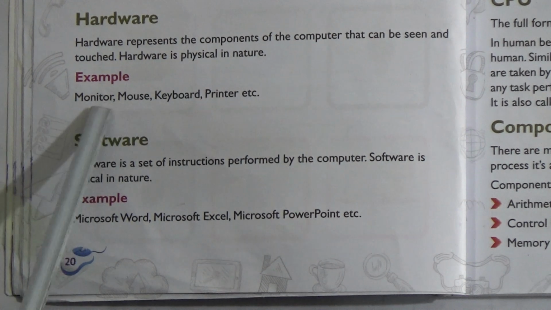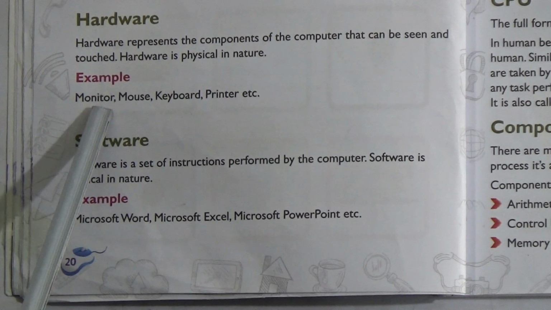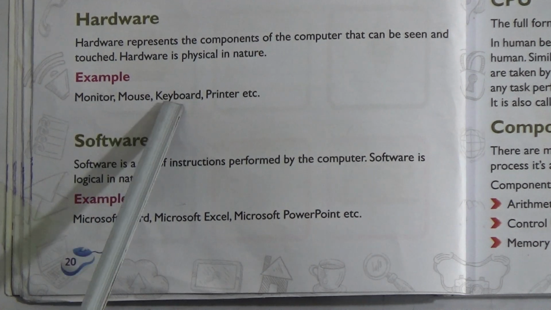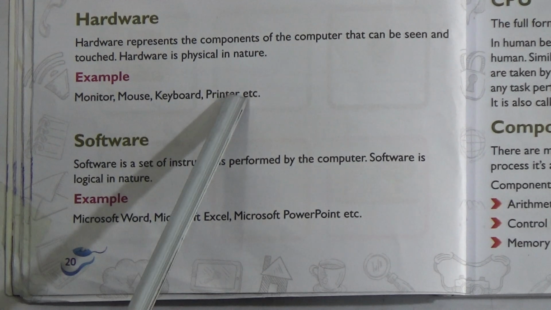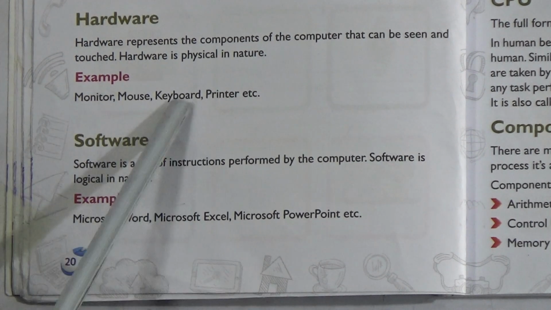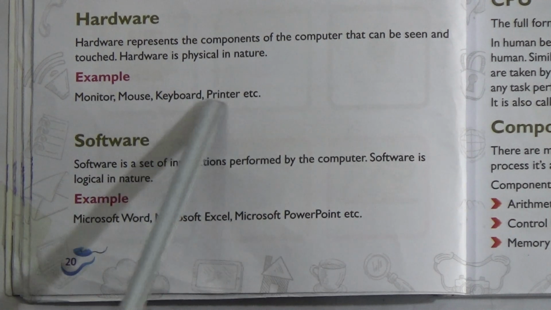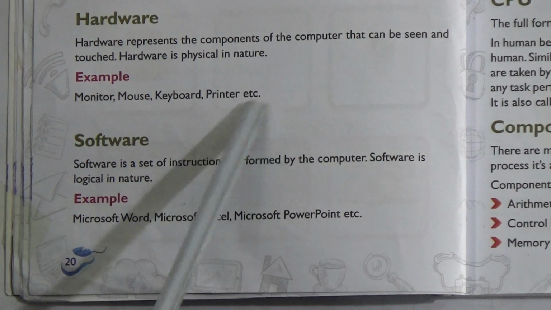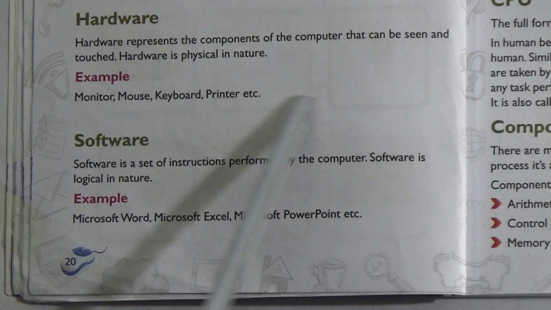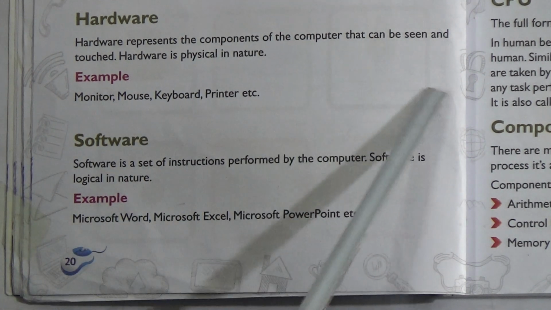Like the monitor, we can see it and touch it. Mouse, keyboard, printer, in the same way. These parts of a computer are physical in nature.